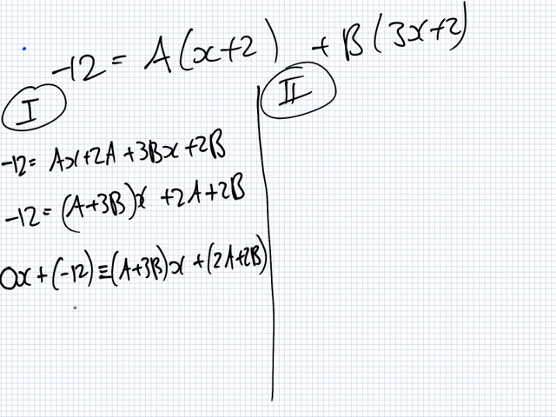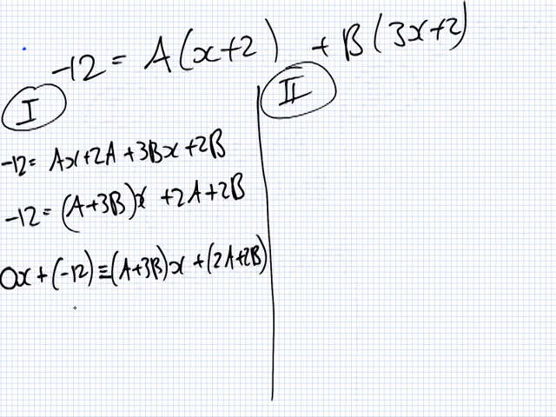Does anyone know the difference between an identity and an equation? I think an equation has two sides and you can move them around. An identity, this is the same as this, but you can't move them around. Almost. It's a bit more than just that.